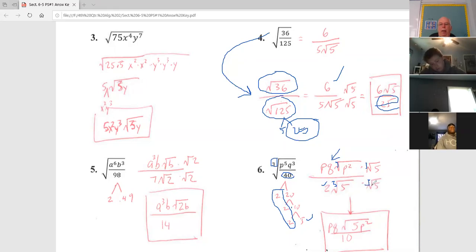We multiply by 25. Why do we do that? Because I'm doing cube roots, so 5 times 25 is 75, which is 5 cubed.